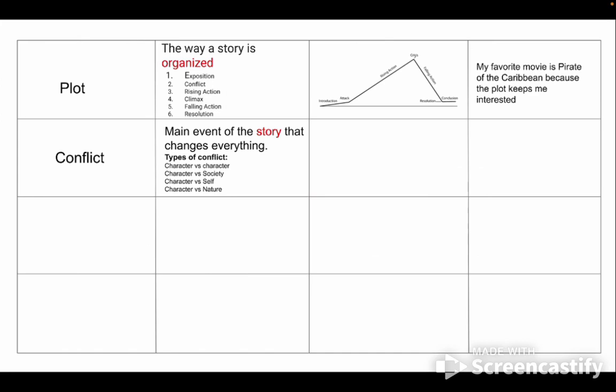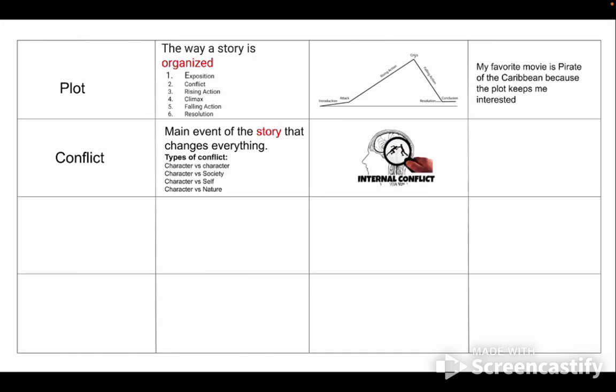This needs to change for the betterment of other people. And then there's character versus self. This is when a character realizes, hey, I need to grow and change and develop. And so they are battling internal feelings. And then character versus nature. This is when a tornado or something has happened that changed the character's life drastically.